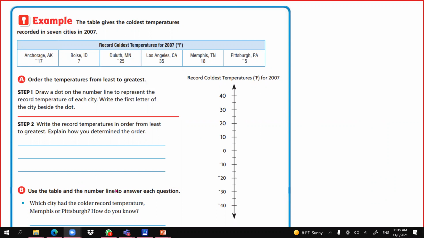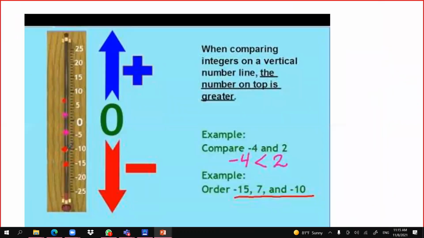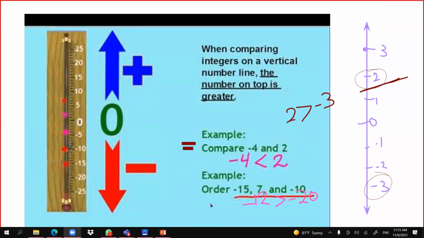Okay, see now. Here we have the vertical number line. They told me that the numbers that are to the top are greater than the numbers to the bottom.